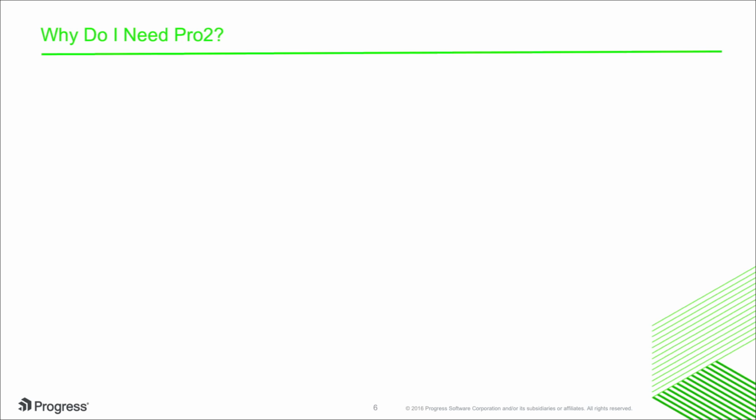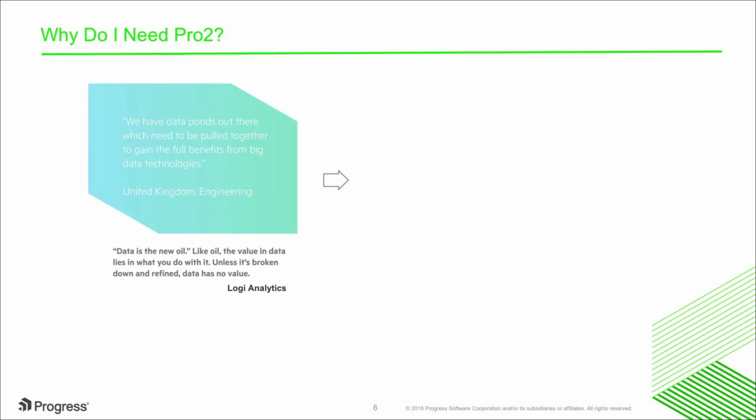For those who are new to Pro2, let's spend a few minutes going over what Pro2 is and the value it brings to an organization. Companies today utilize many different applications to manage the day-to-day operation of the business. These could be ERP or CRM applications, payroll applications, content management systems, etc. But no matter what application a company is using or how many applications there are, one thing is true across all of them.